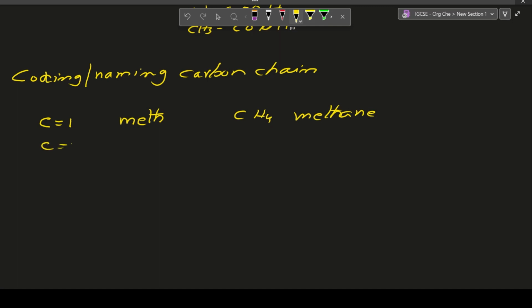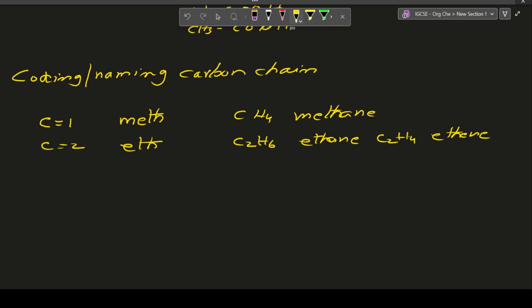If there are two carbons, it's called eth. C2H6 is called ethane, since it is from the family of alkanes. C2H4, since it is from the family of alkenes, which has at least one double bond, is called ethene.